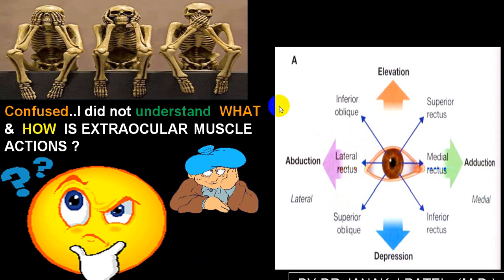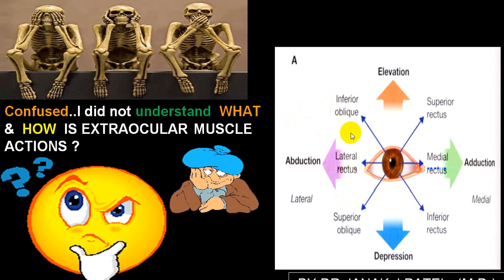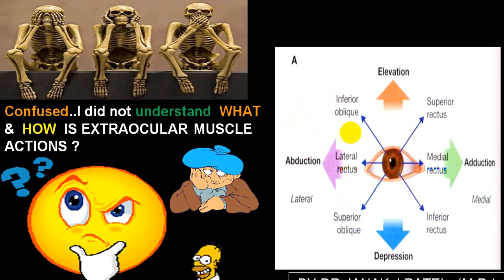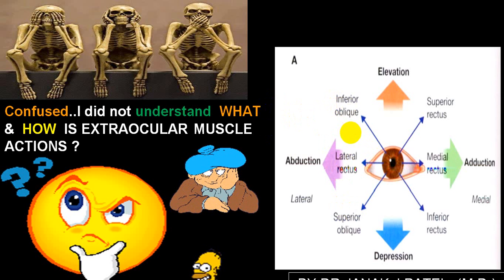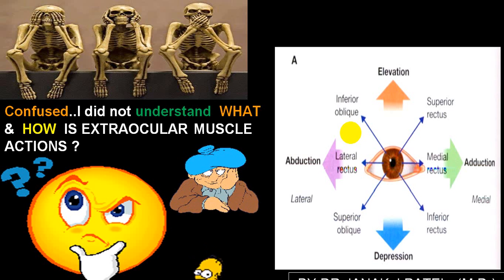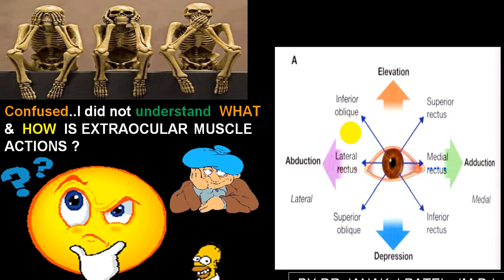So extraocular muscles are the muscles which will move the eyeball. There are 4 recti and 2 oblique muscles: superior rectus, inferior rectus, medial rectus, lateral rectus, and we have got 2 obliques, that is superior oblique and inferior oblique, and they move the eyeball in different directions.